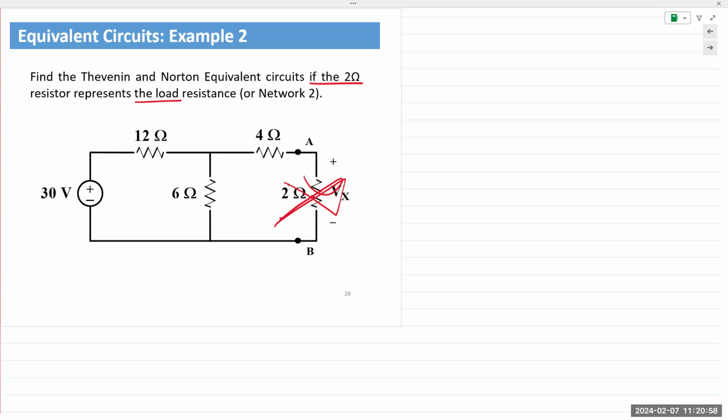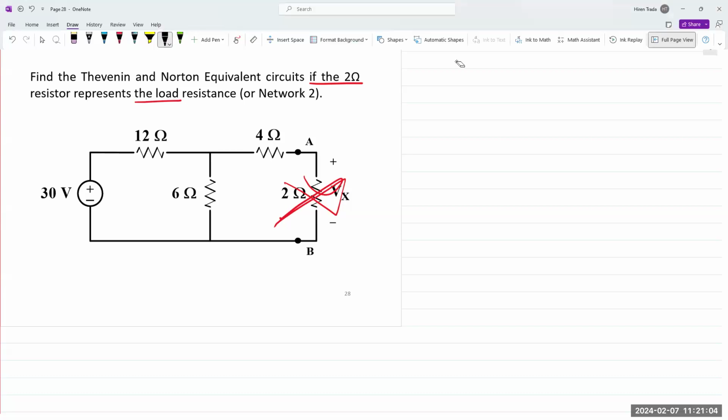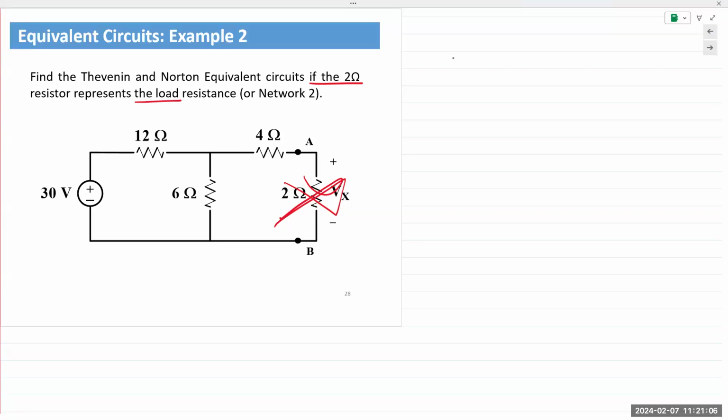Now, for explanation purposes only, I will draw the circuit without the 2 ohm resistance. You do not have to draw this down or write this down.